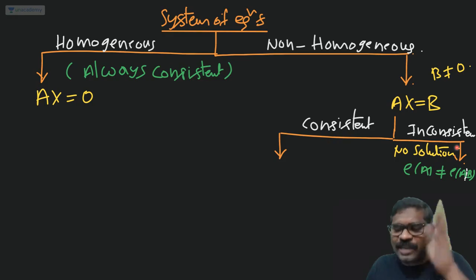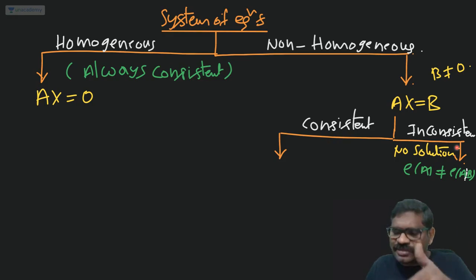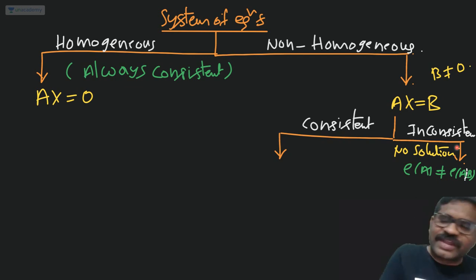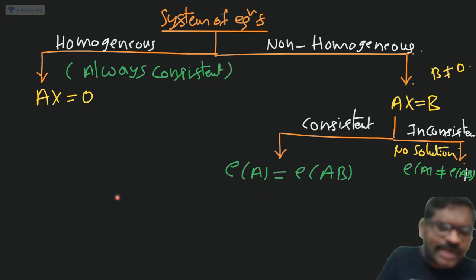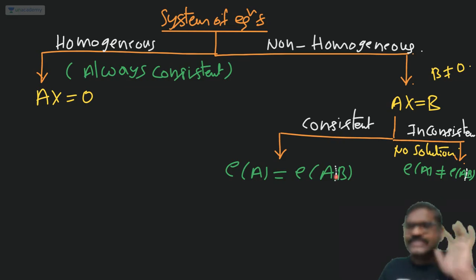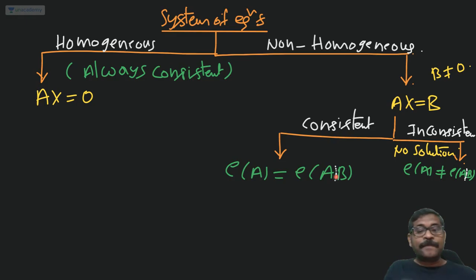Sir, what type of solution? Next I will draw. Consistent means possesses a solution. Inconsistent means no solution. Okay. Now, when rank of A equal to rank of augmented matrix AB, then it is consistent. Okay.